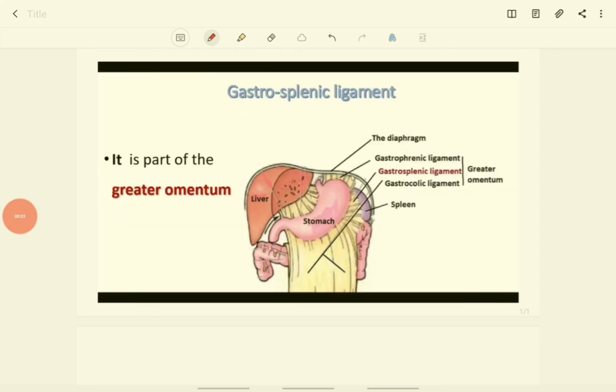Here we can see the gastrosplenic ligament, which connects the greater curvature of the stomach to the spleen. Here is the gastrophrenic ligament, and this is the gastrocolic ligament. Over here, this is the gastrocolic ligament. This is the gastrophrenic ligament. Together, all these ligaments are part of the greater omentum.